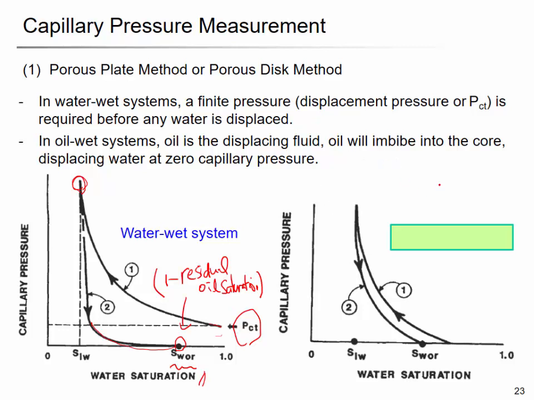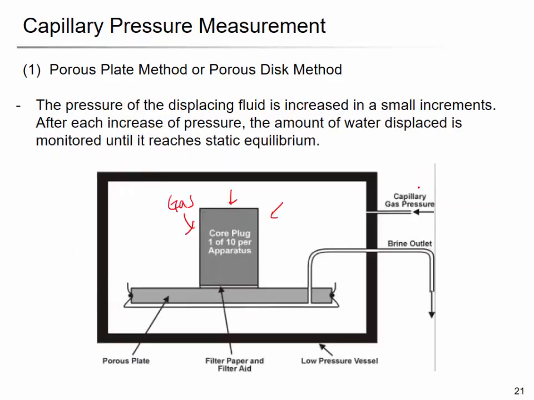In the oil wet system, what happens? Let's go back here. If the rock core here is an oil wet system and it's fully saturated with water, then as soon as this rock core is in contact with oil, because the rock prefers to have the oil, it will soak up, it will absorb the oil from the outside without any pressure.